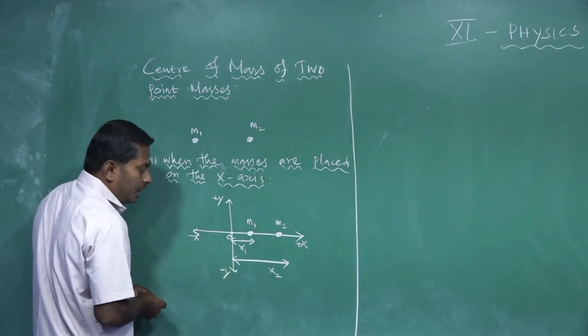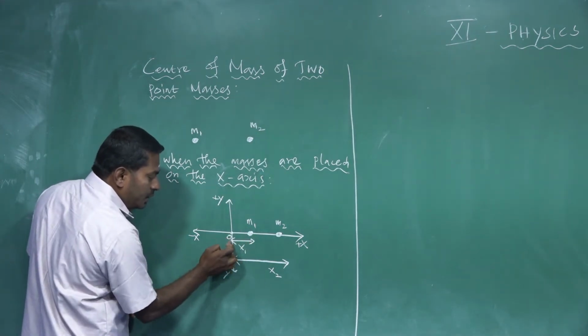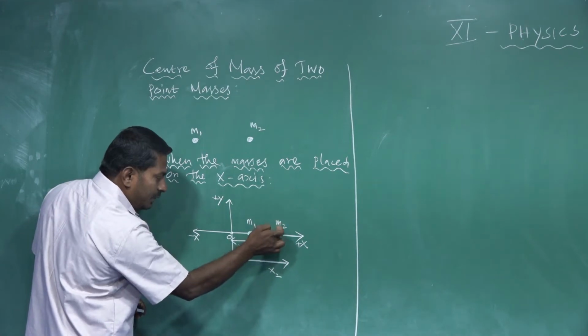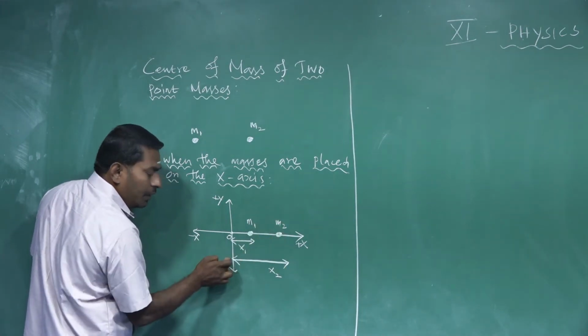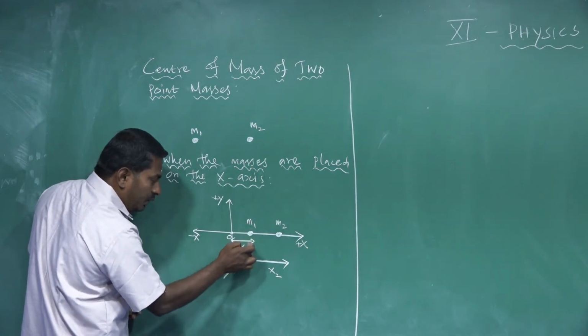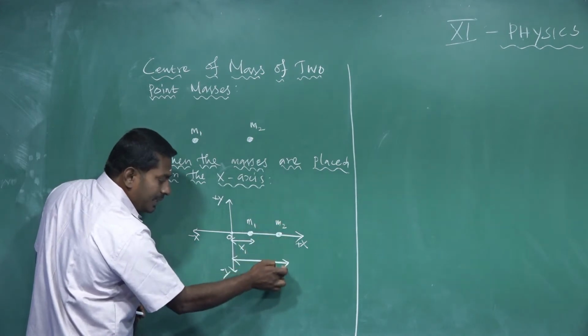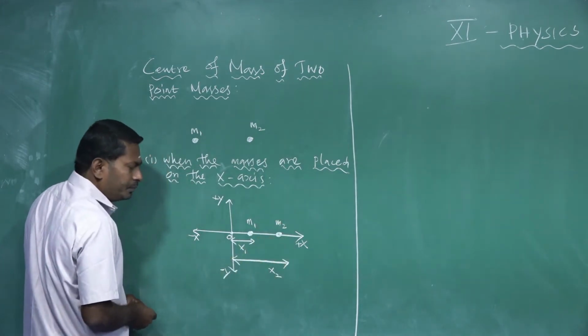Or simply, we call x1 the distance of the first point mass from the origin, and x2 the distance of the second point mass M2 from the origin. It is also called the position of the first and second point mass from the origin.